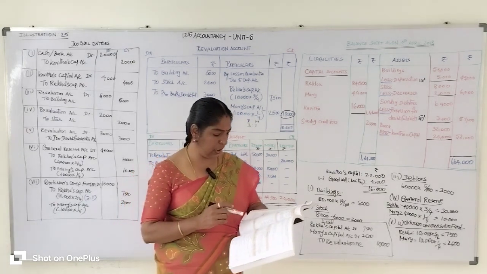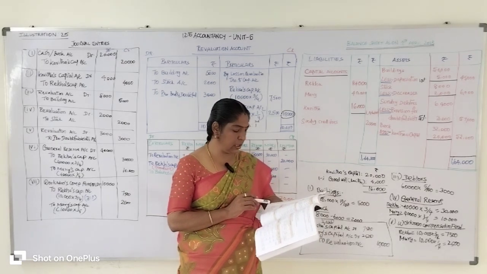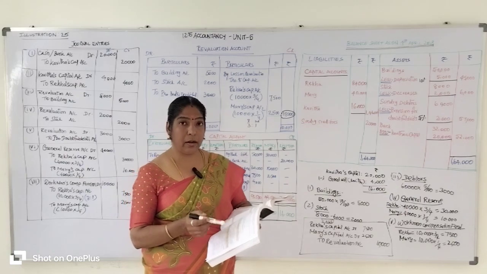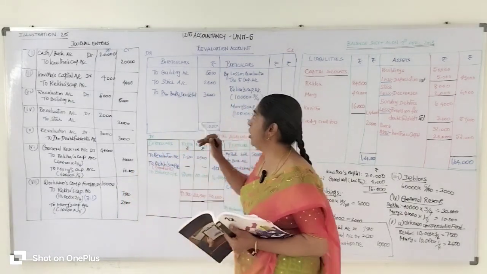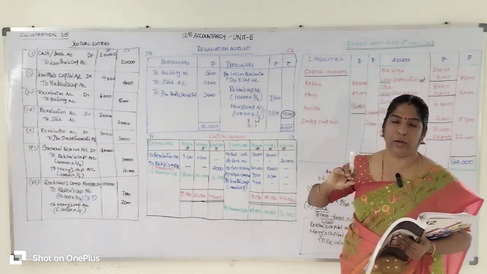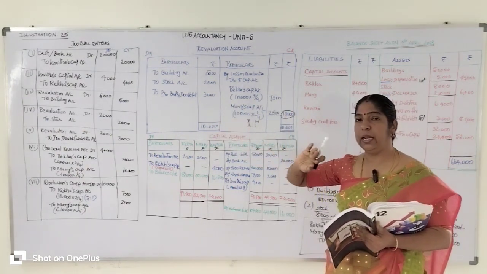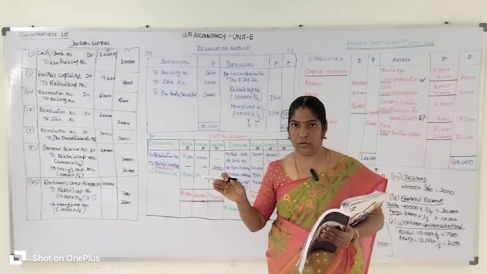Listen here carefully. From the question within the box they have given general reserve and workman compensation fund, right? And also we are going to prepare the ledger account, which means we are going to prepare the revaluation account. From the revaluation account, if you get the profit or loss, it will be distributed to the old partners with their old profit sharing ratio, right?